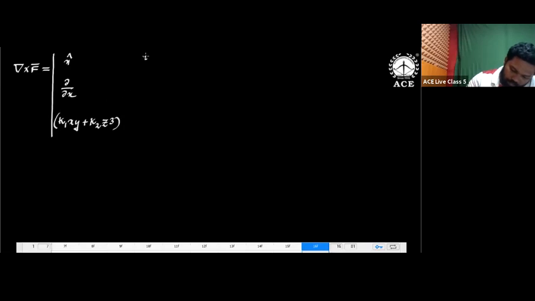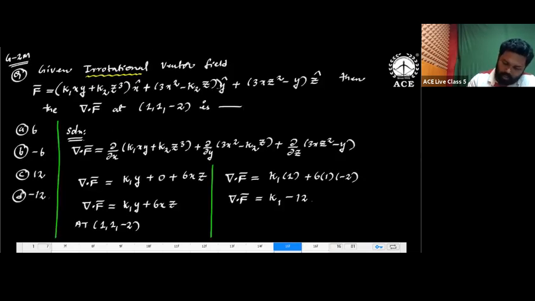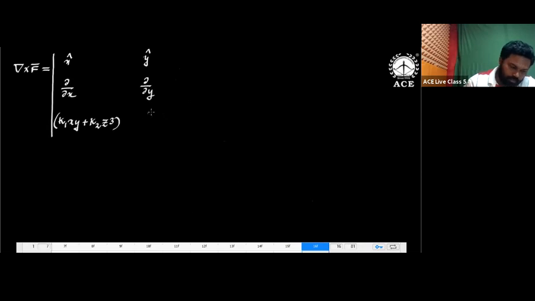Here it is y cap, ∂/∂y, there is the y component. What is the y component? This is the y component: 3x² minus K2·z. Then z cap, ∂/∂z. What is the z component?